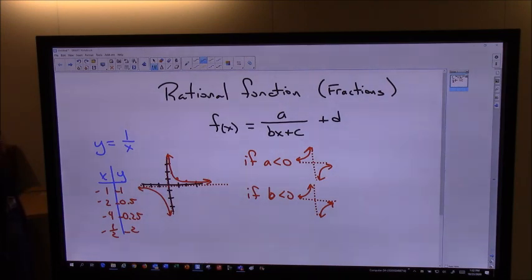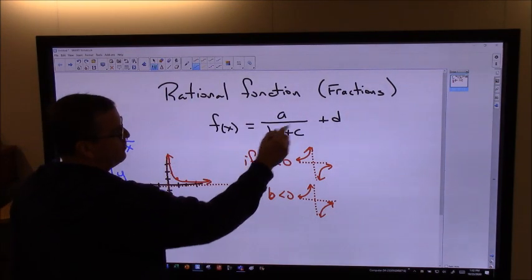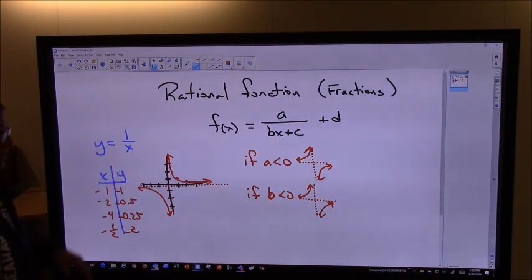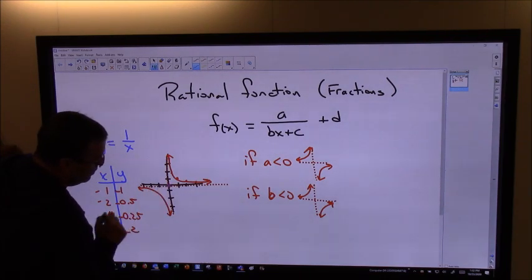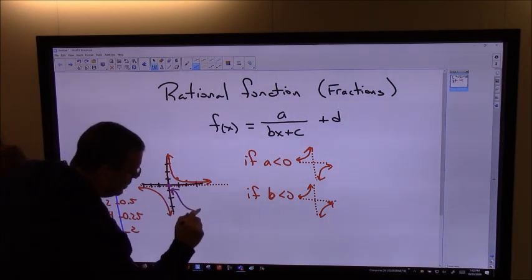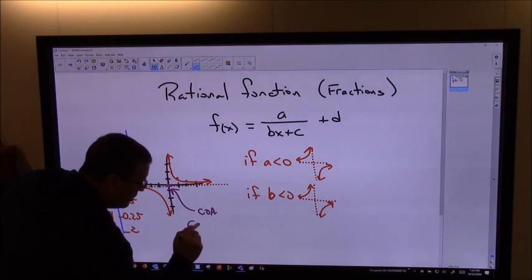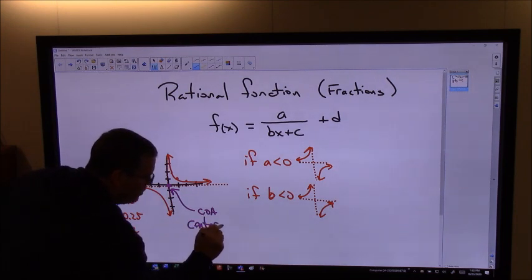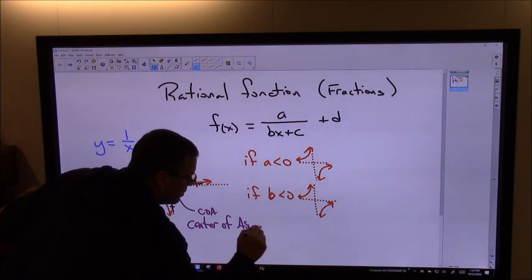All right, so now we're going to talk about our key point. We all know where it's at, negative C over B comma D, but what is the key point here? The key point is really this one right here. I call this the COA point. Stands for center of asymptotes.